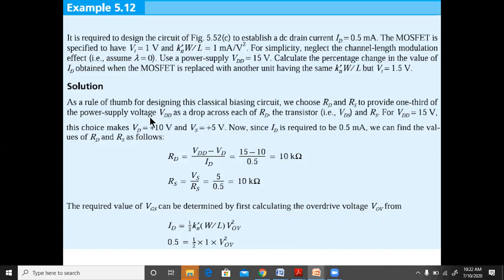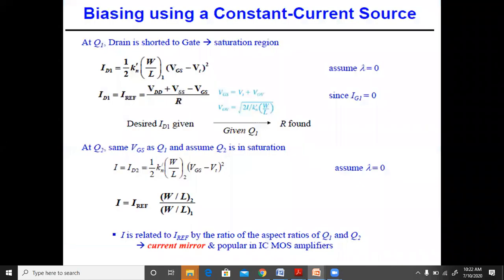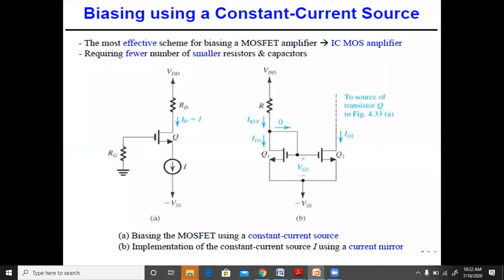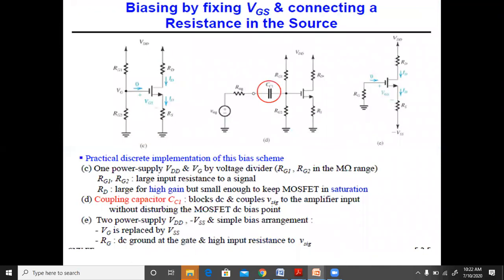The reason VD is 10 volts is that VD means the voltage at the drain, between the drain and the ground. The drain to ground voltage is the voltage across VDS plus the voltage across RS. So this 5 volts plus this 5 volts will be 10 volts.